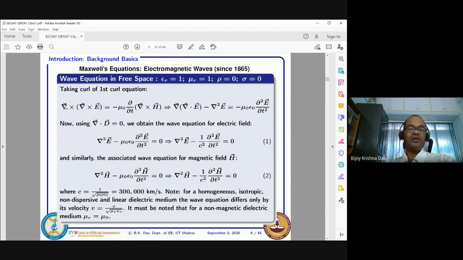So here, curl of E is the Maxwell's equation, and the right hand side will be minus del B del T, and in free space mu r is equal to 1, so mu 0 will be there. You take the curl of both sides of the first curl equation. Since curl is a spatial derivative, we can take it inside the time derivative.